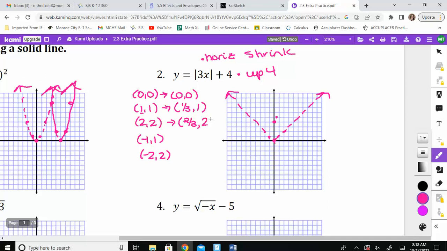This would become a 2/3, 2, and then up 4. -1/3, 1, and up 4. -2/3, 2, and then up 4.